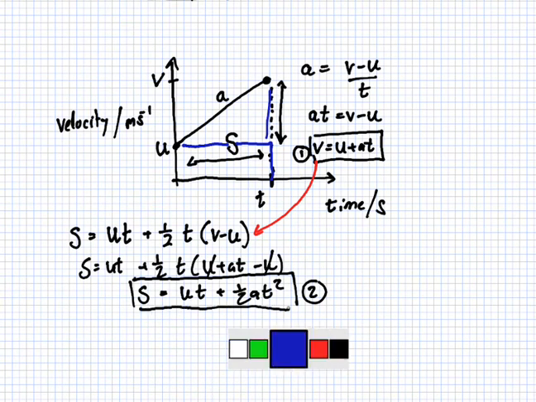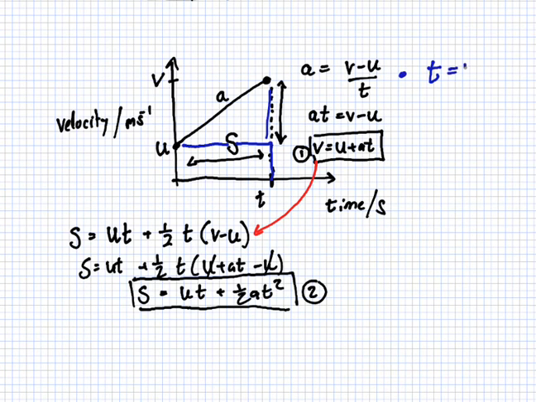Now, what I can do here is rearrange this to have T equals V minus U over A, and I can put that in here. So I get S equals, no hang on, wait, something feels wrong.